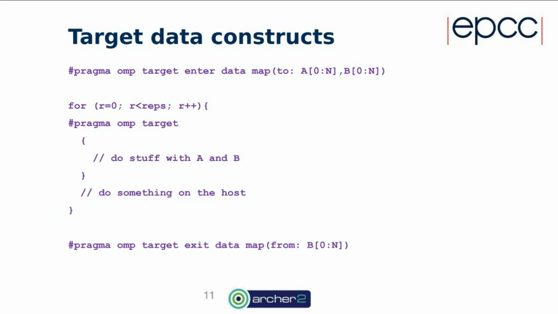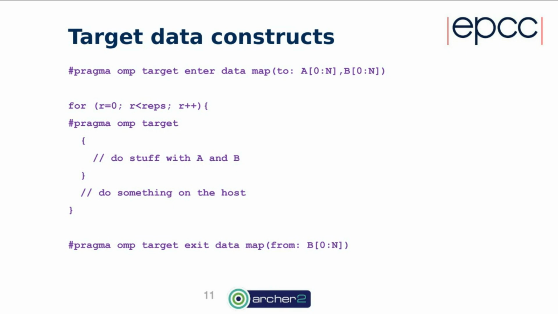So the data constructs look like this. Suppose I have a target region which is going to be executed lots and lots of times, and every region is going to access these arrays A and B. But in between, I'm not interested in having access to the values of A and B on the host. So I can enclose all this offloading of code inside a target data region.